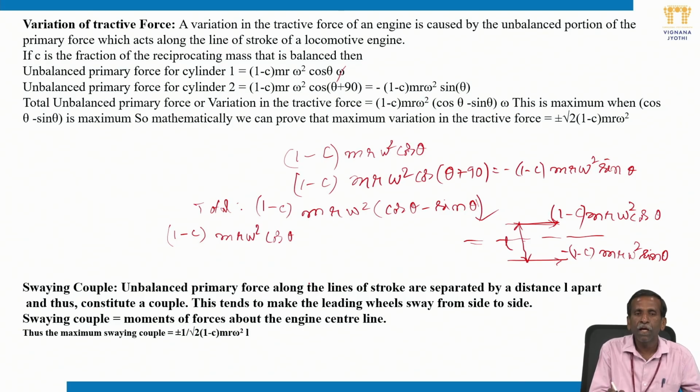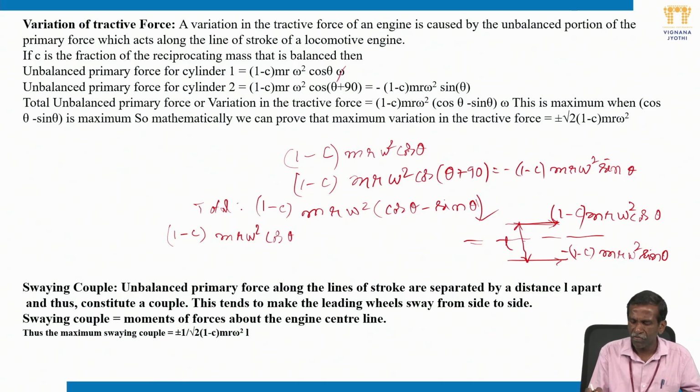That is the total couple. This couple is called the unbalanced primary couple. It tends to make the leading wheels sway from side to side, because it is perpendicular to the line of stroke.